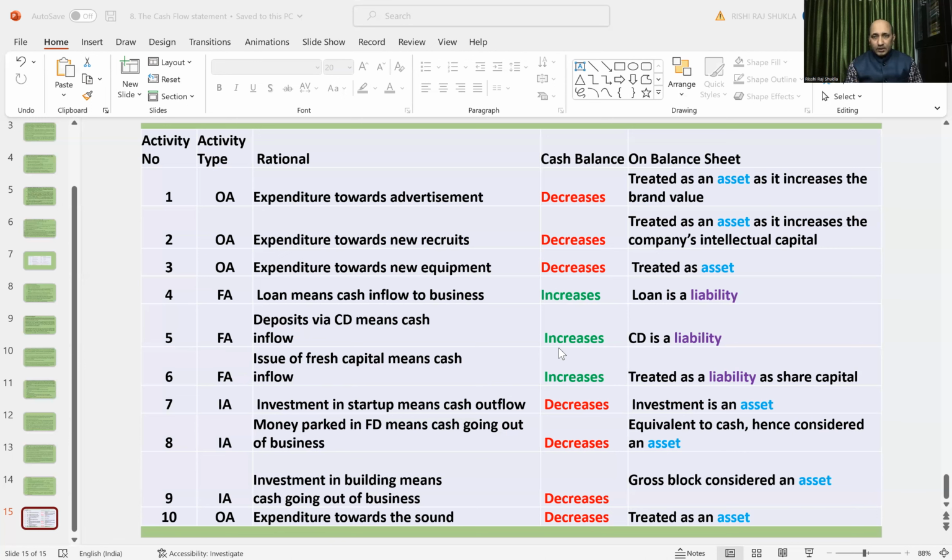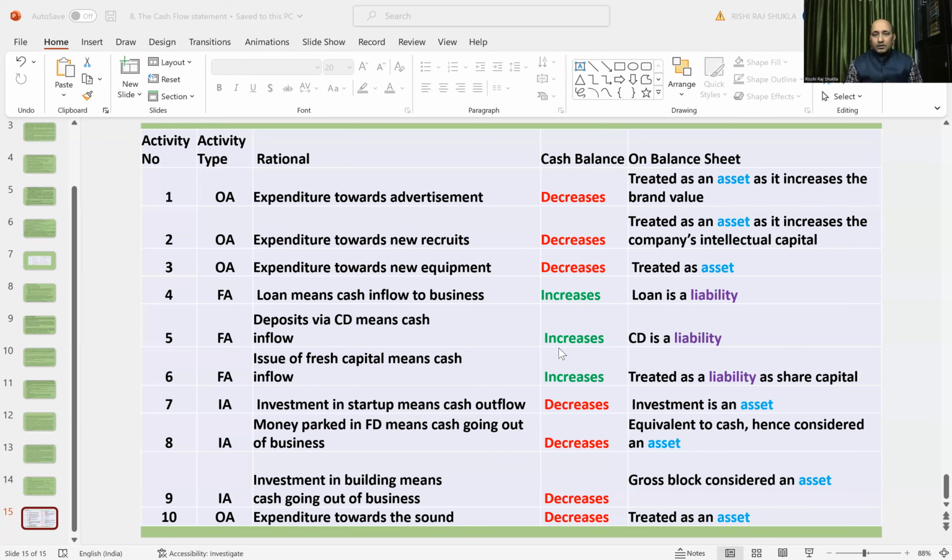In the first three, we see cash decrease but assets increase. So whenever assets decrease, cash will increase. So there is a corollary, there is some relation, so we have to take care.